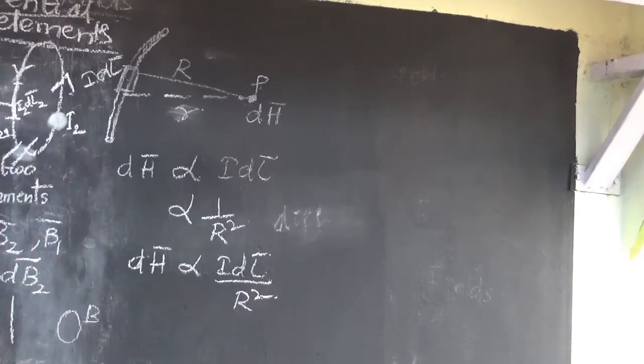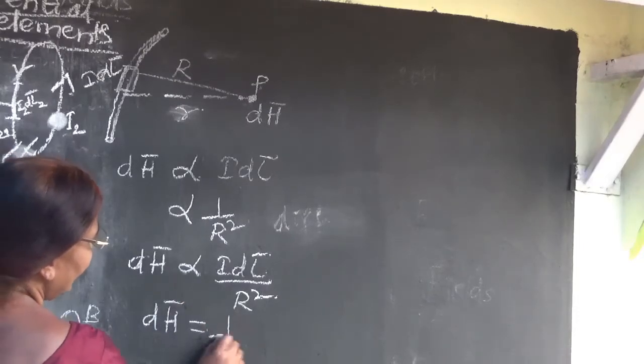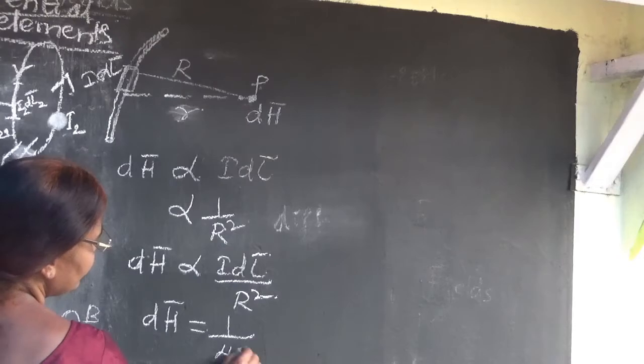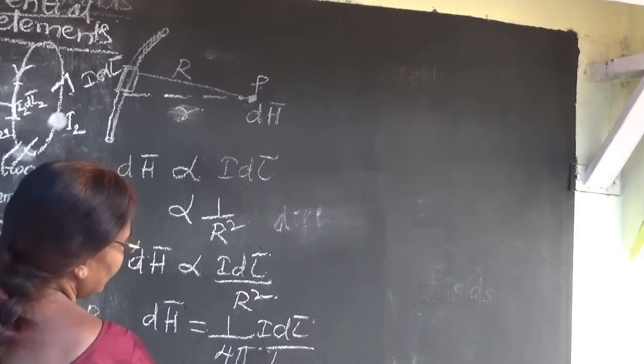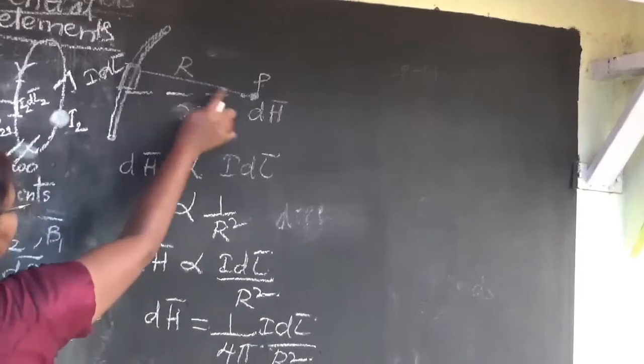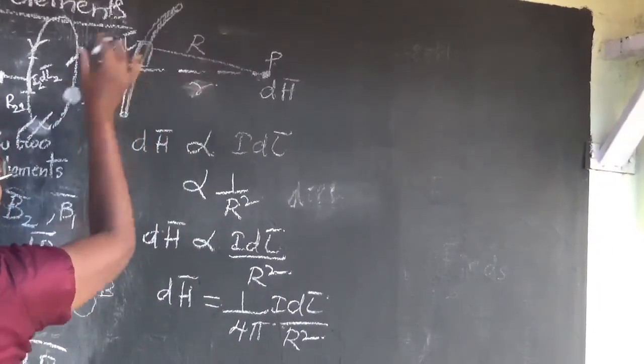And if I want to remove the constant of proportionality to equate this equation, I have to keep a constant which is 1 by 4 pi, I dL bar divided by R square, and I have to take into consideration the unit vector.